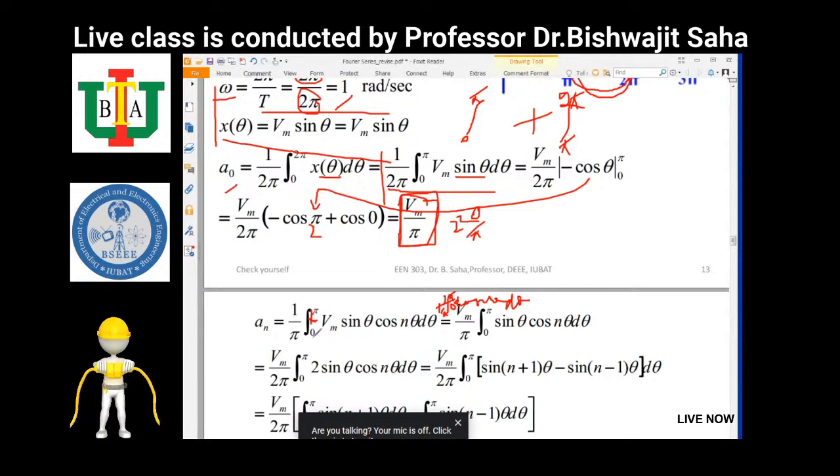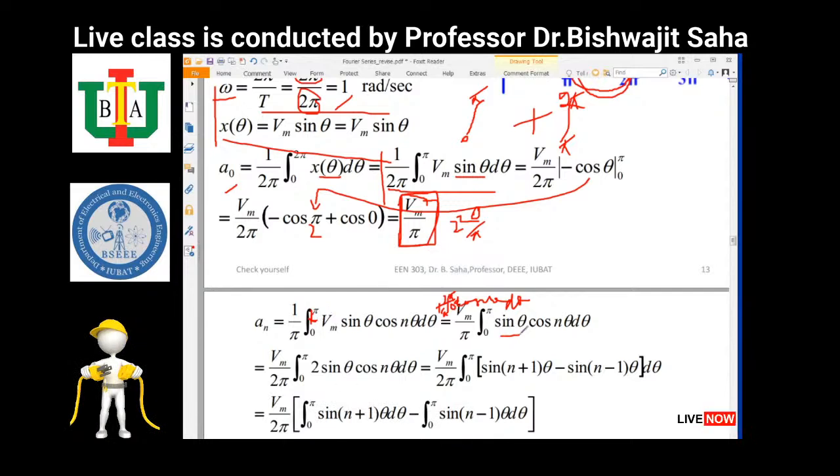Okay, anyway, we can go forward. There is no mistake here. So Bm by pi, taking Bm out, we have sine theta cos n theta d theta.